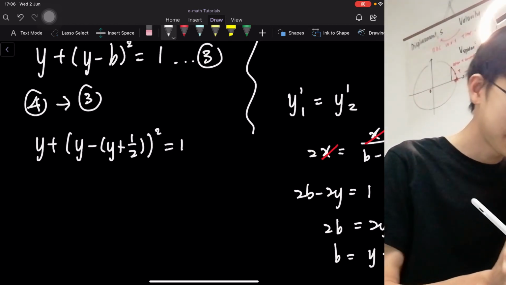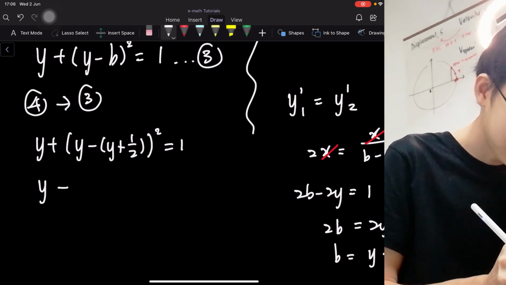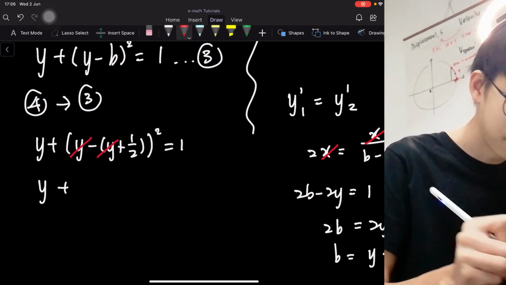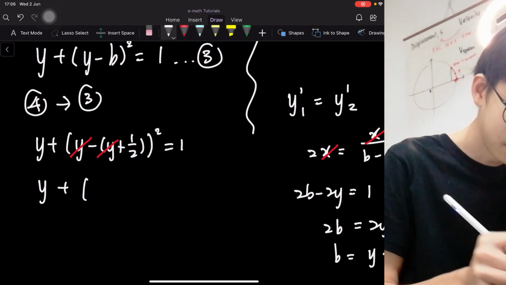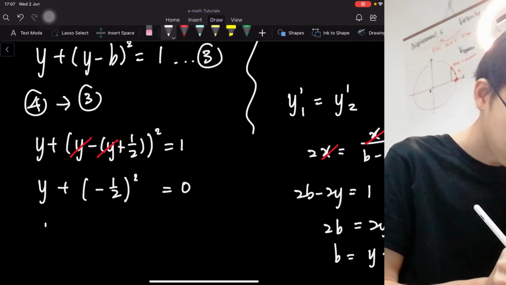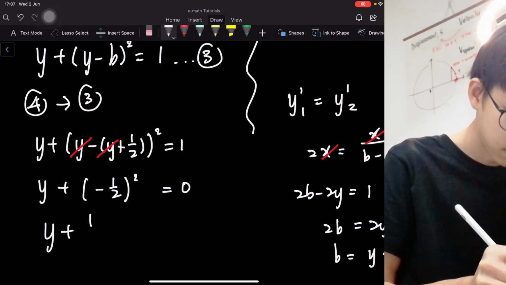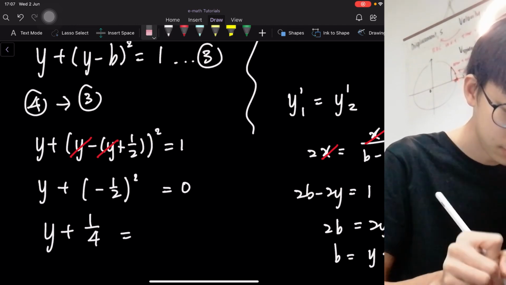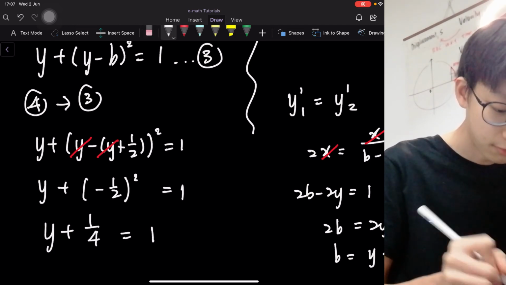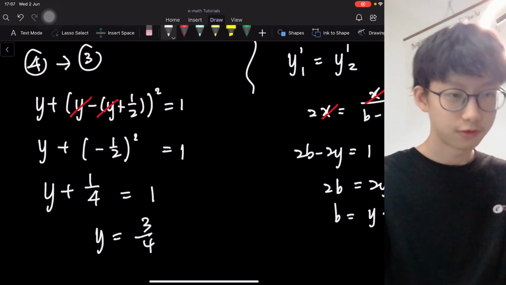See, I told you, that's why I said don't expand the bracket, the square, first, because y and negative y can cancel, and technically this is negative half, but it doesn't matter because you are squaring it. So y, almost set for you, plus 1 over 4 equals 1. So y equals 3 over 4.